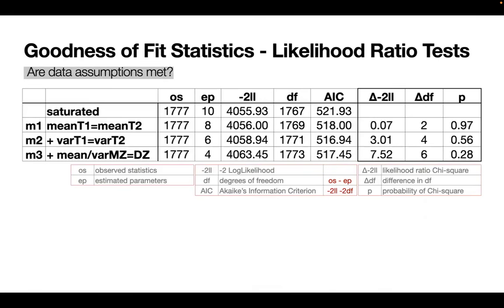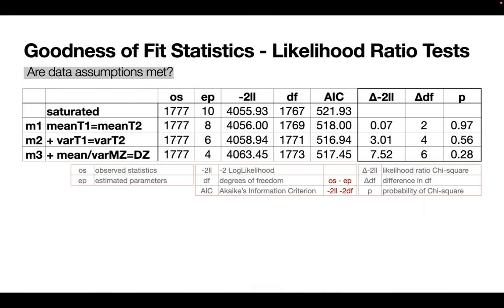So these include the observed statistics, in this case, how many individual data points we have, the number of estimated parameters in this saturated model, that is 10, minus twice the log likelihood of the data, the degrees of freedom, AIC as another criterion to evaluate which model fits the data best, which is calculated as minus twice the log likelihood minus twice the degrees of freedom, and the model with the lowest value of AIC is typically the best fitting model.